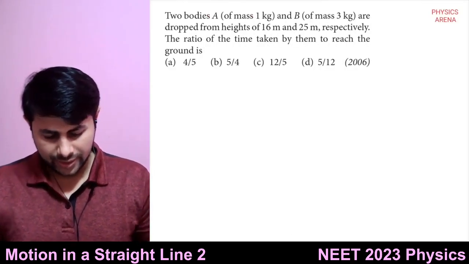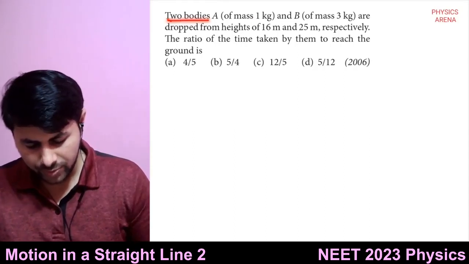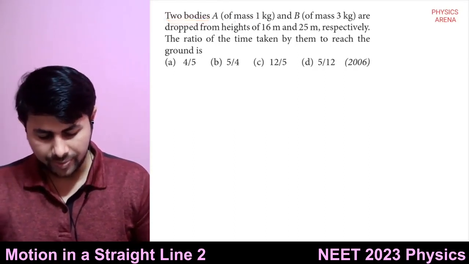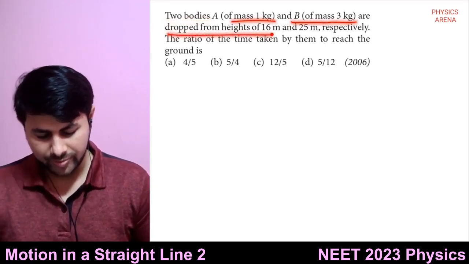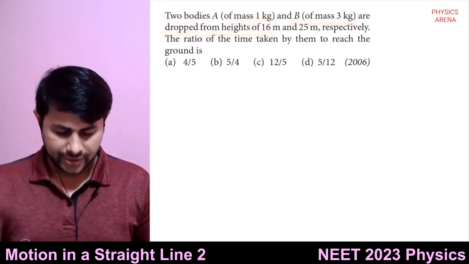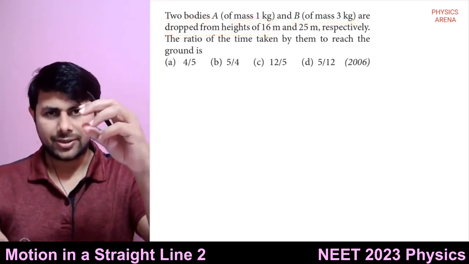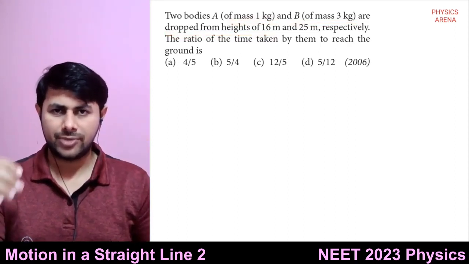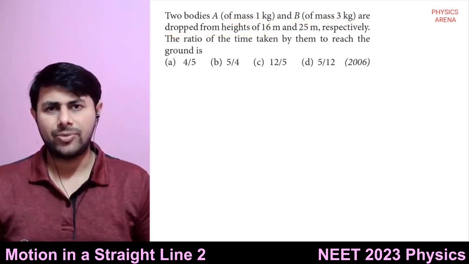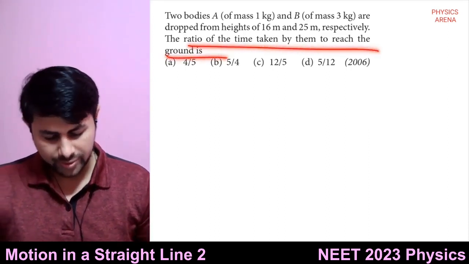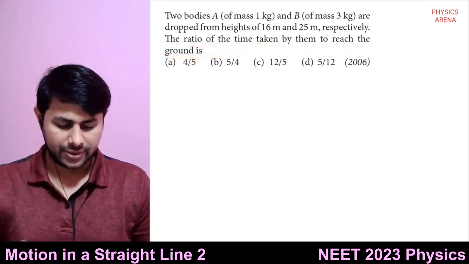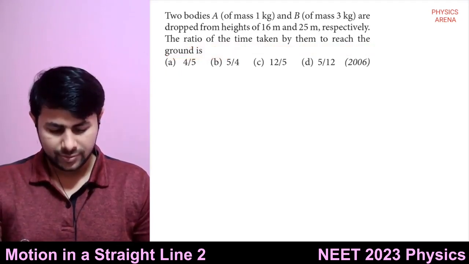So let's solve another question. Two bodies, A of mass 1 kg and B of mass 3 kg, are dropped from heights of 16 meters and 25 meters respectively. The ratio of time taken by them to reach the ground is, this is simple.